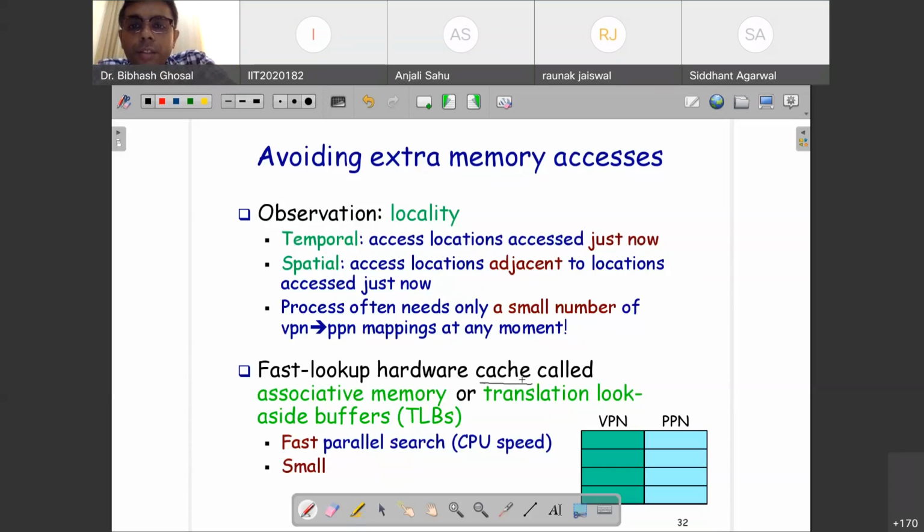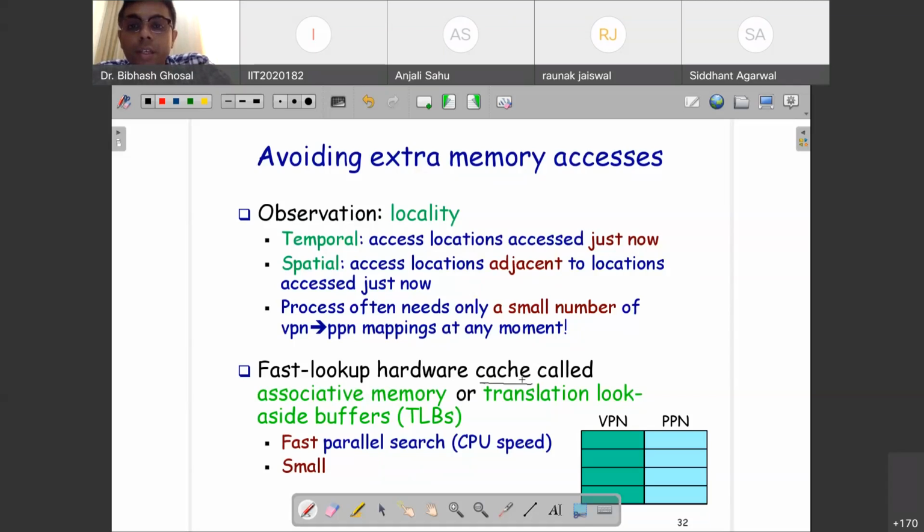Why? Because when we run a program, we don't run it all at once. We are only working on a very small portion of the program. And there is a very interesting feature in a program called locality of reference.